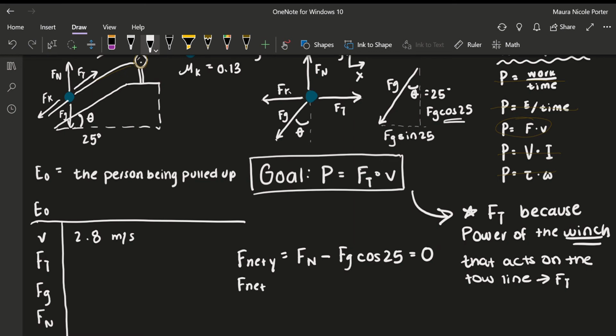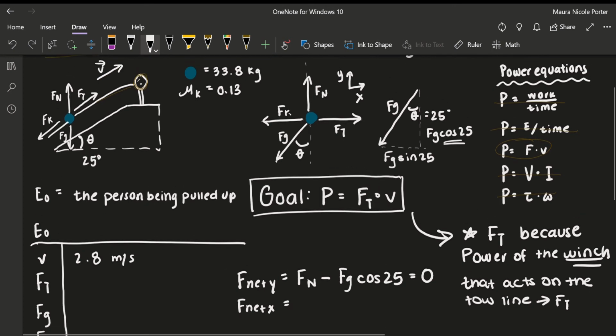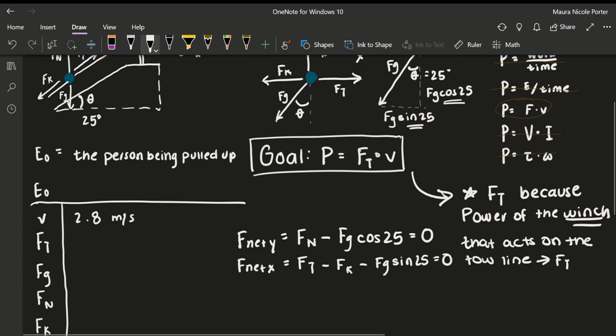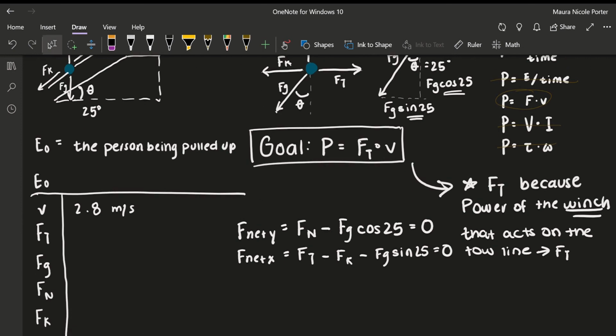F net x is going to equal our force of tension, because that's the one that's going in the positive x direction. So force of tension minus the force of k, which is that one, and then minus Fg, and this time we're going to use the sine component. So sine of 25, and this also equals 0 because the net acceleration is going to be 0.